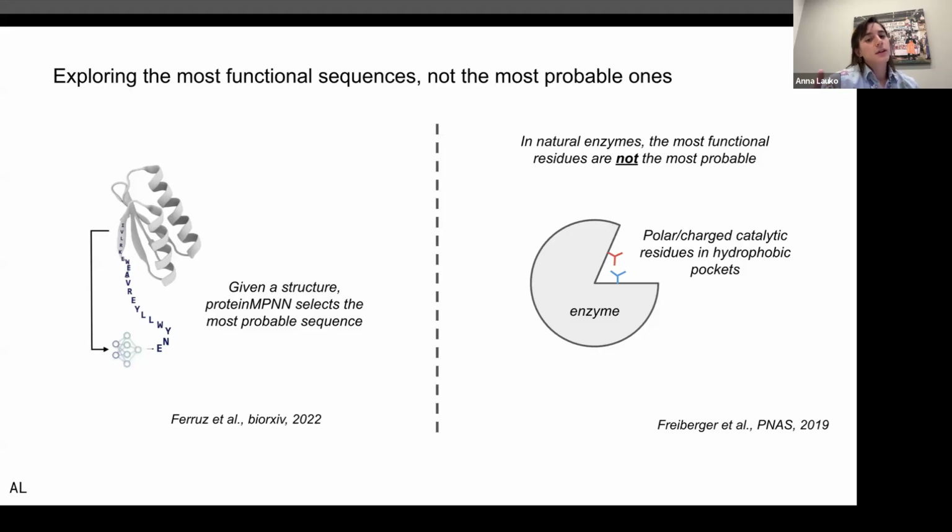So we know that there is this discrepancy between what protein MPNN or ligand MPNN wants to give us as our design sequence and this functional aspect that we obviously want to achieve in our designs. And so this is something that we will keep thinking about, how to optimize our deep learning sequence tools to give us more functional enzymes.